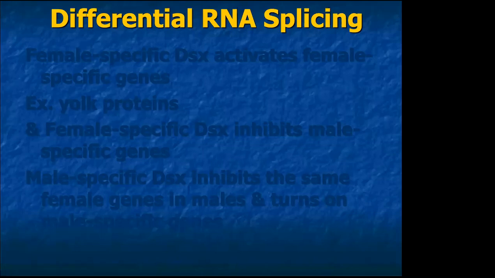So you're not going to produce a functional transformer protein. The default state is to become male double sex. Transformer is modified by the sex-lethal, different alternative splicing, resulting in a transformer that is female-specific, which will cause the female-specific double sex protein.